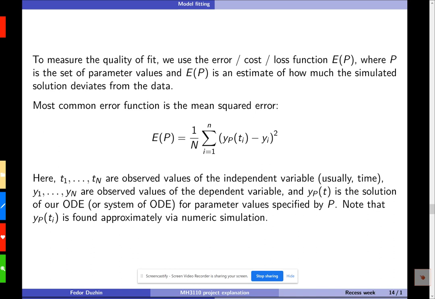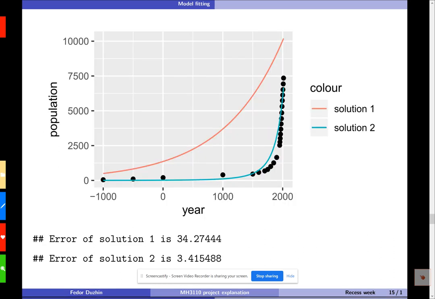It is quite clear that because the square is always positive, this E of P is 0 if and only if our solution goes through all the observation points precisely. And the more it deviates from these points, the bigger is the error. Just to put it into some perspective, these are our two solutions, combination of parameter values 1 and combination of parameter values 2.